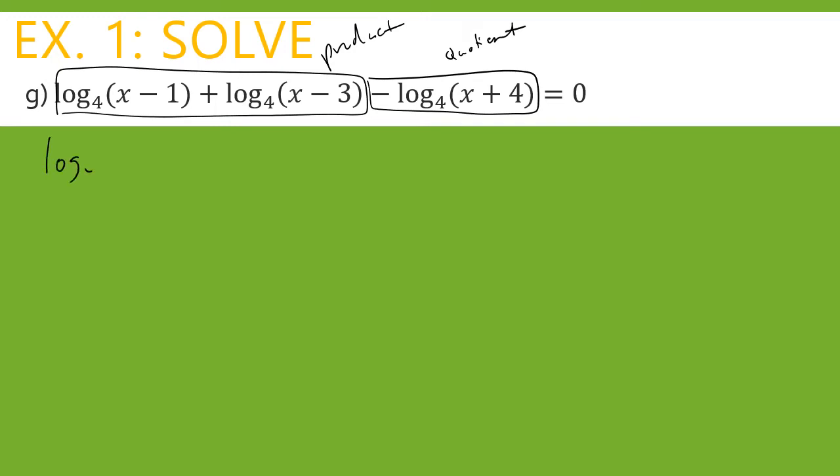So log in base 4, product law means I can multiply, quotient law means I divide. If it was a nice question, we'd have something in the numerator and denominator cancel. Unfortunately, it's not that easy. So now we're here.